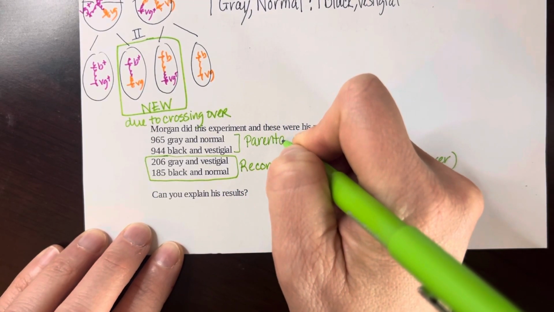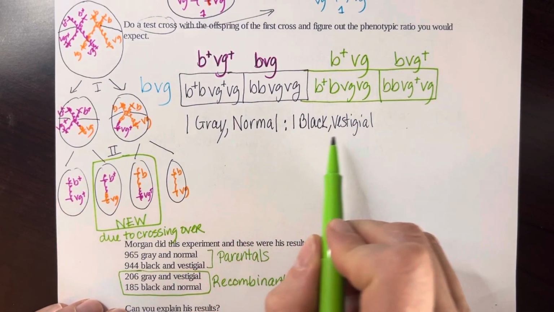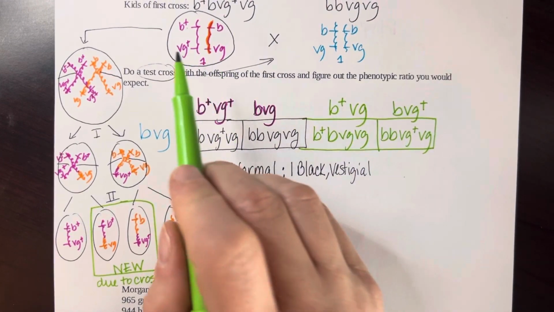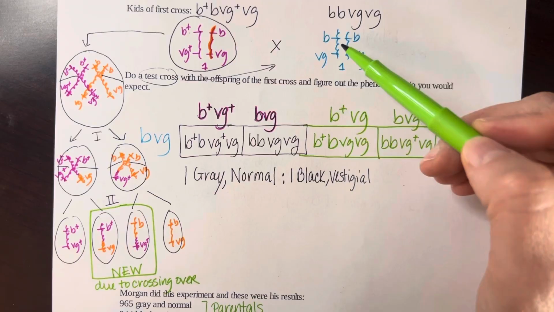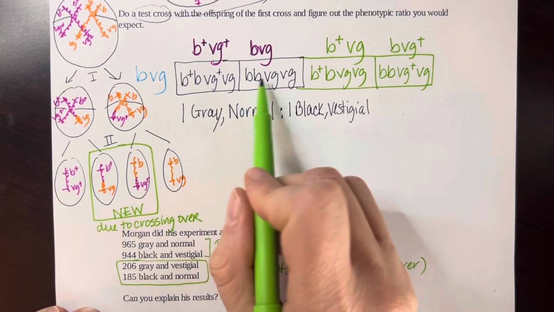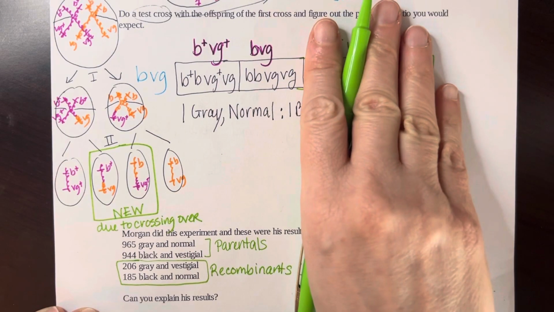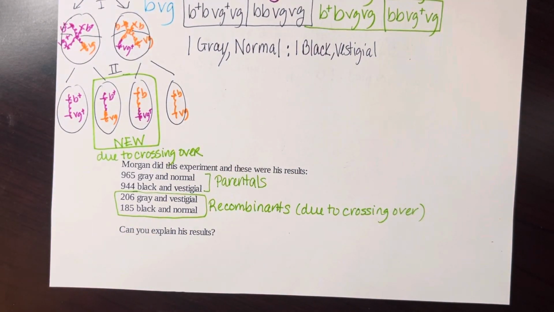Why are they called parentals? Because if you look, gray and normal, black and vestigial, they're like their parents, gray and normal, black and vestigial. So that's why they have the same phenotype as their parents in that 1-to-1 ratio. The new ones, the recombinants, are the ones that don't and are due to crossing over and recombined.